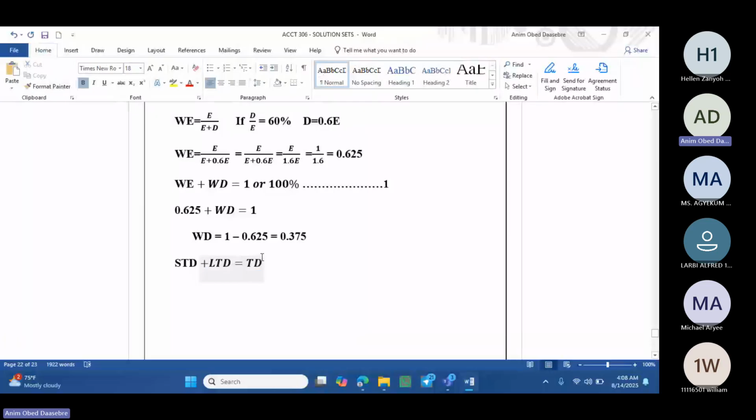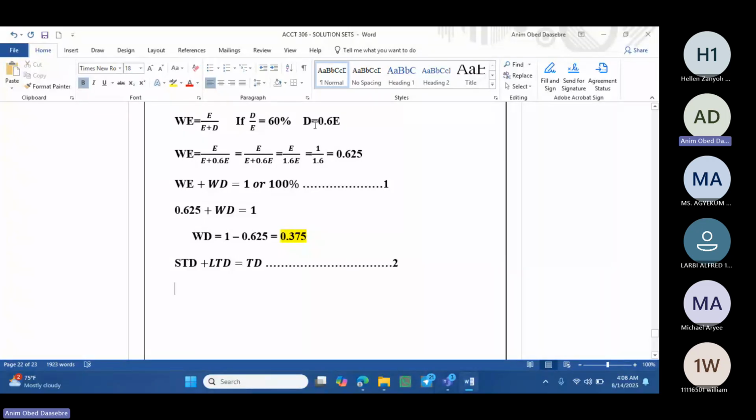The total debt is this that you have computed, right? So you are going to need this one to compute the respective debt that you have. So that will be an equation for us.